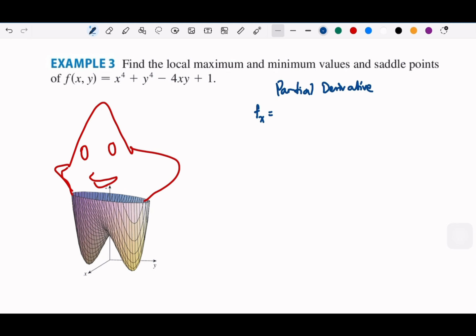So deriving for all x components, so for x cubed minus 4y, and all y will be 0 and constant will be 0. And then we get the partial y. Okay. And this is the first thing, and then the second is critical point.